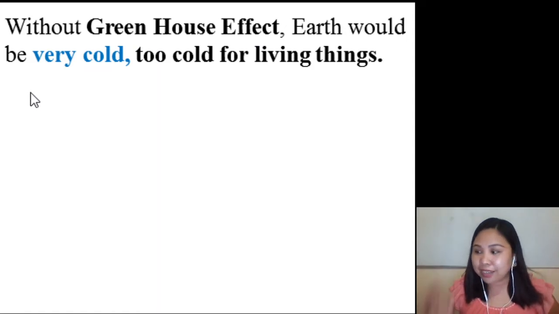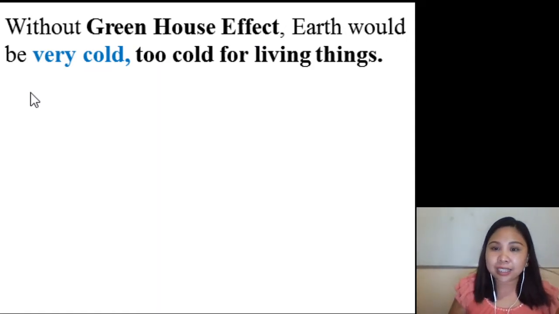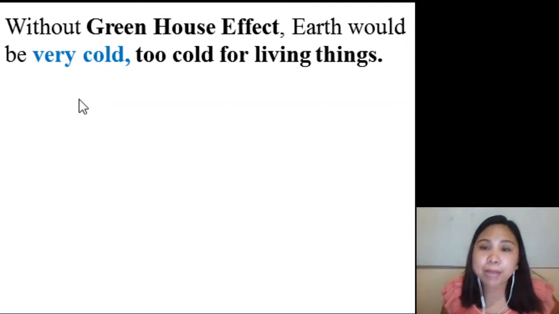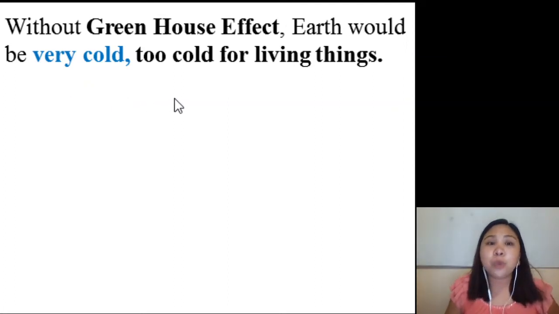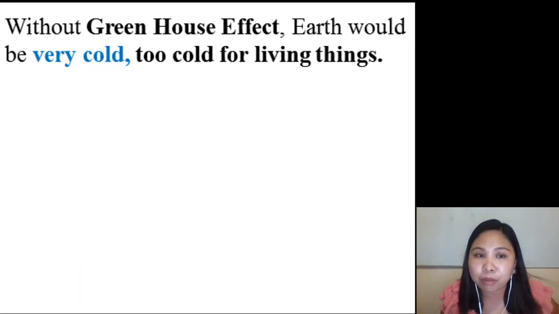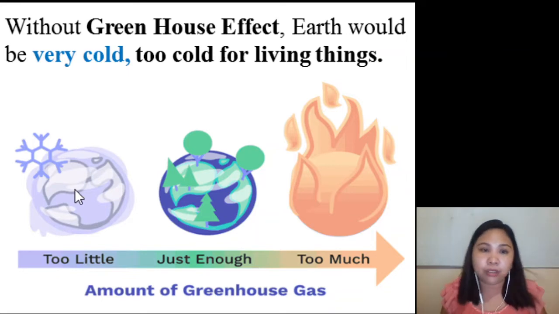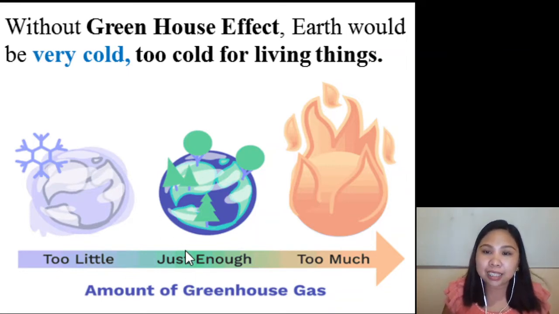So, that is the reason we need greenhouse gases. Kasi kapag walang init, so, magiging sobrang lamig ng Earth that is too cold for living things. So, walang mabubuhay. Ayan. So, too little amount of greenhouse gas, very cold. So, kailangan lang natin ng sakto lang.